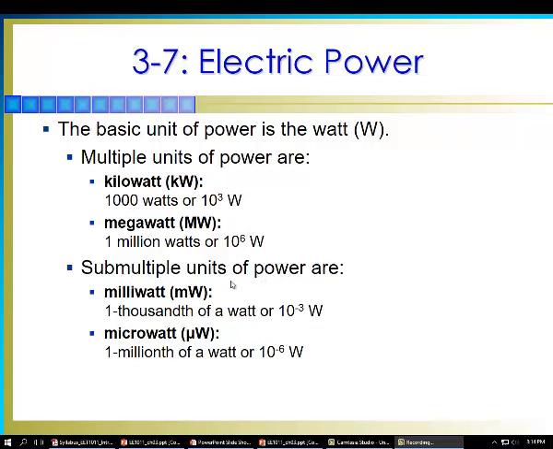Submultiples, just like the voltage, can be very small amounts of power. There will be milliwatt for 10 to the minus 3, or microwatt for 10 to the minus 6. So this is a 1,000th of a watt, and this is a 1,000,000th of a watt.